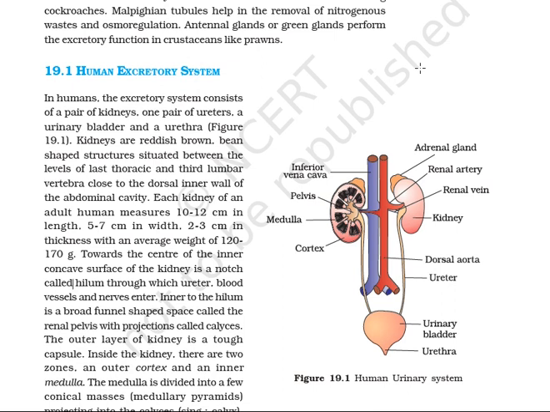Now I would like to explain the next part. The minor calyces join to form the major calyces, and they open into the renal pelvis.